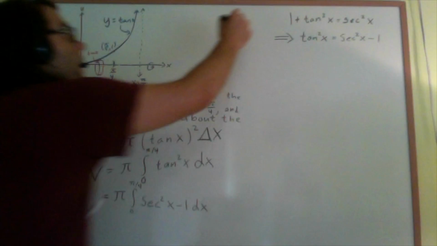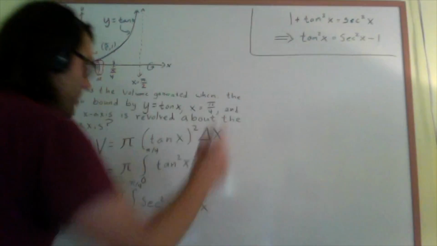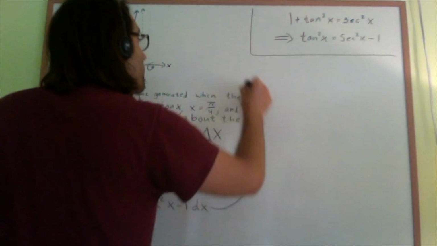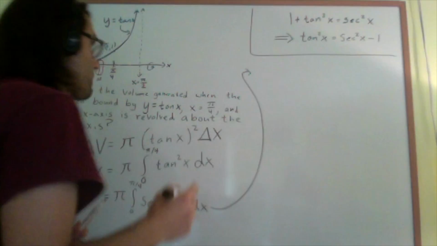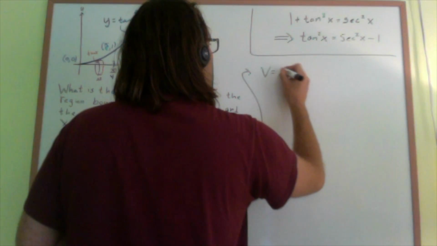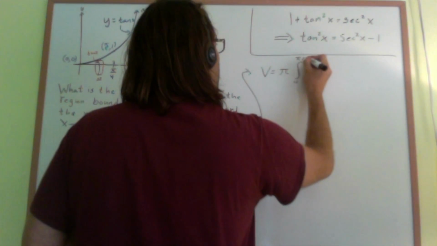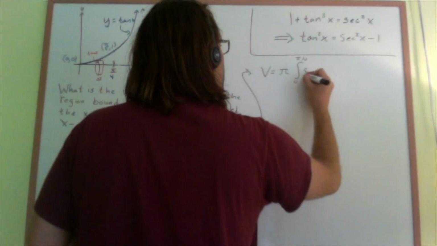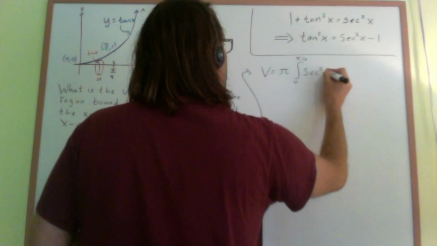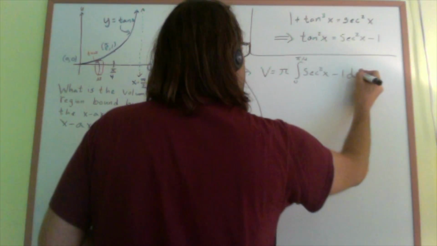Okay, and let's just box this off and we'll go up here to finish off the integral. Okay, V is pi times the integral from 0 to pi over 4 of secant squared x minus 1 dx.